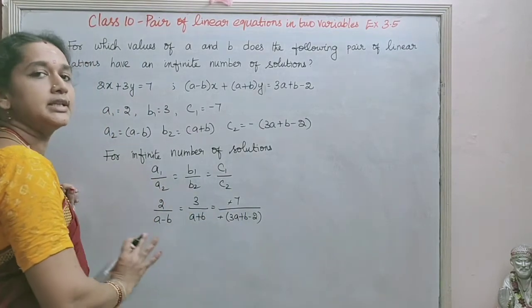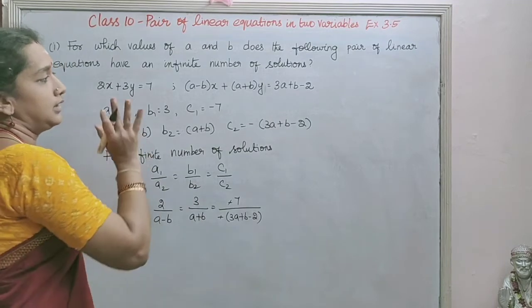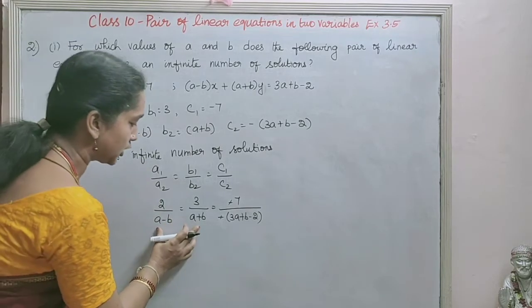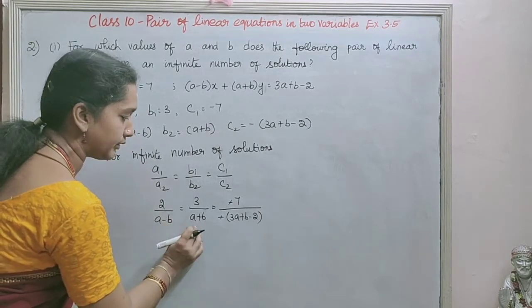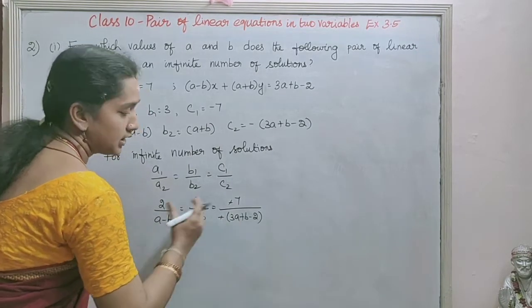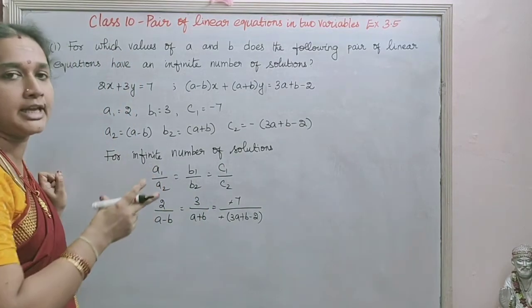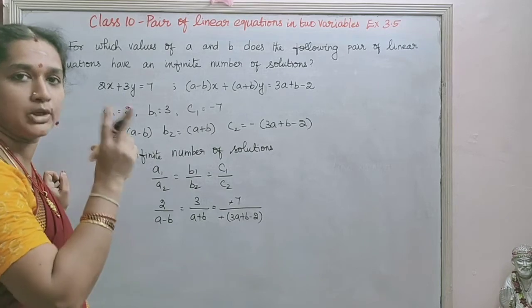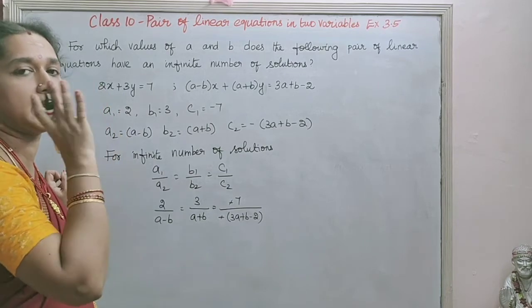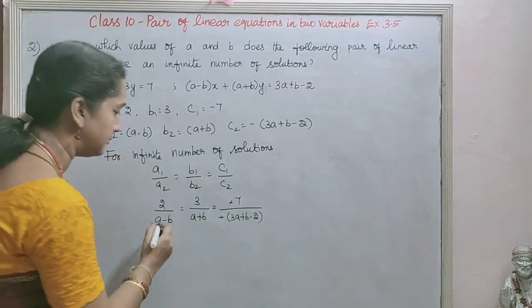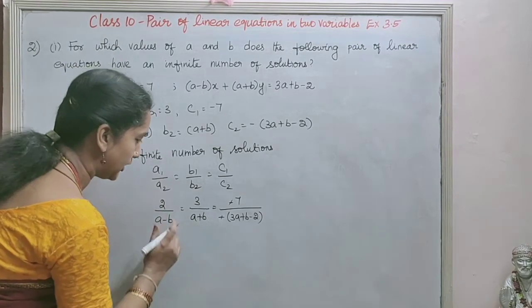Now this has to be solved to find the value of a and b. For that, we will take any two combinations, the first two conditions, and we will get two linear equations in the two variables a and b. If we solve that, we will get the values of a and b. So I will take the first two.